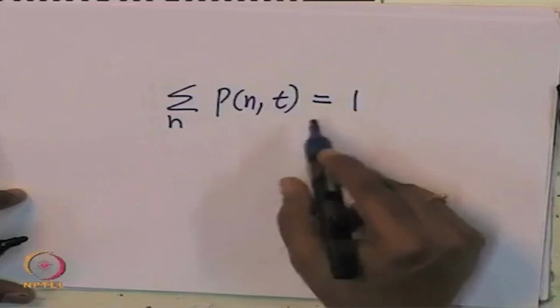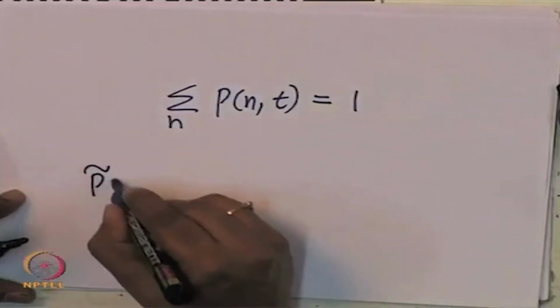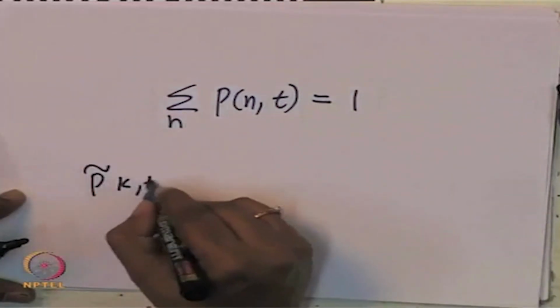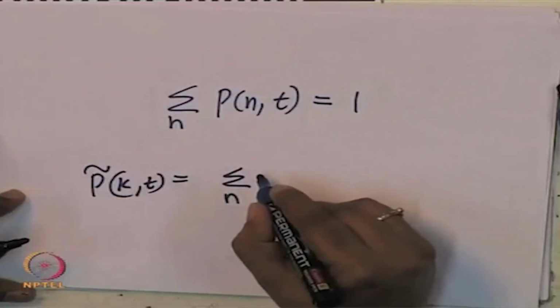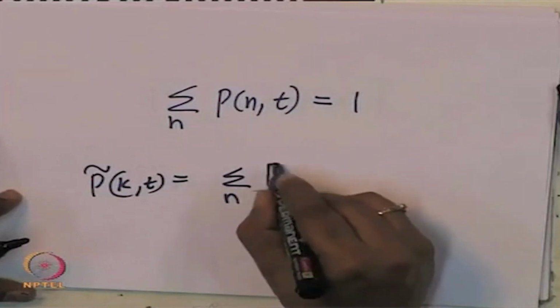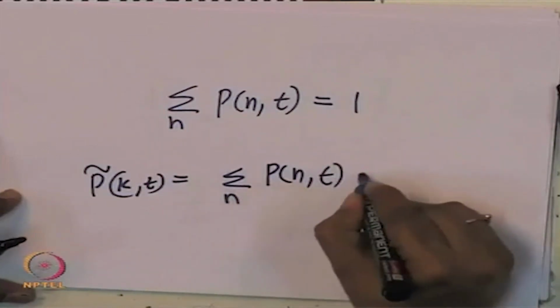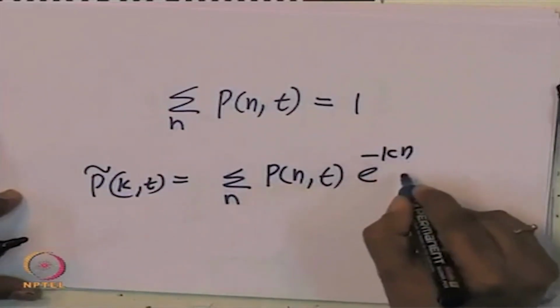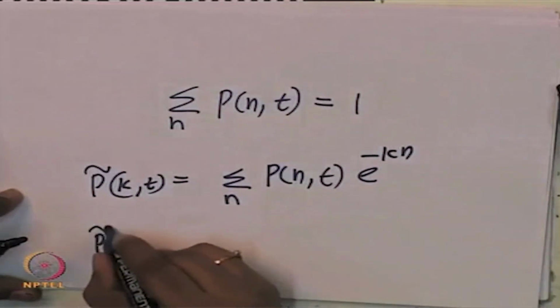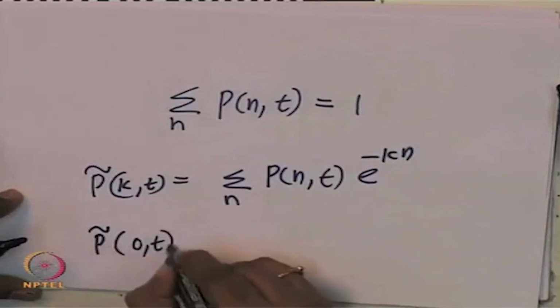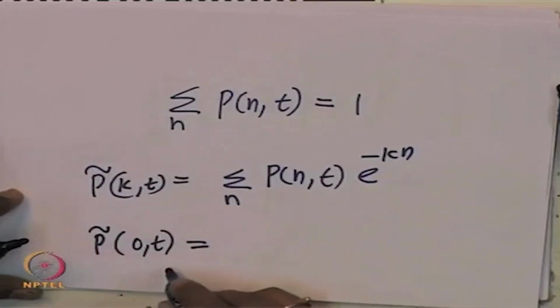So, our definition of p tilde of k, t is the sum over n of p of n, t e^(-kn). Now, if you take k equal to 0, that is p tilde of 0, t, what do you get?